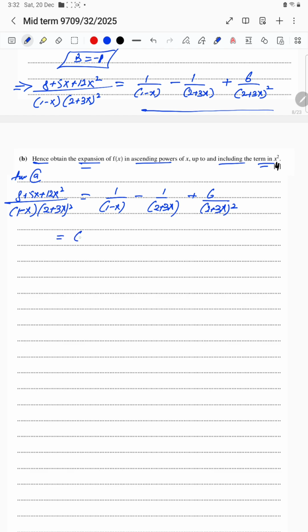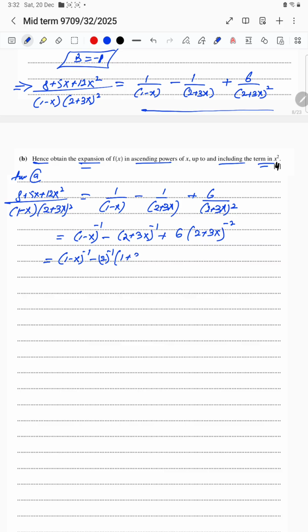So the right hand side can be written as (1 minus x) to the power minus 1, minus (2 plus 3x) to the power minus 1, plus 6 again (2 plus 3x) to the power minus 2. For the series, the first term must be 1, so let it be 2 to the power minus 1 common from the second term and third term.